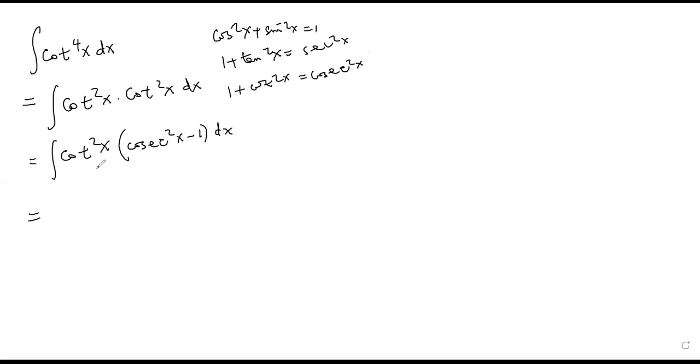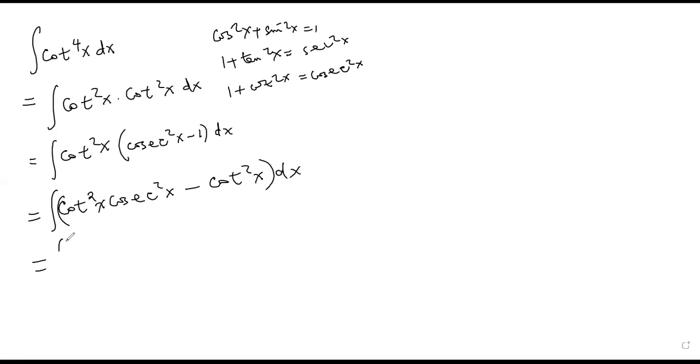Now here, you can expand the bracket so that it becomes cot squared x cosec squared x. All right. Of course, then minus cot squared x, everything dx.